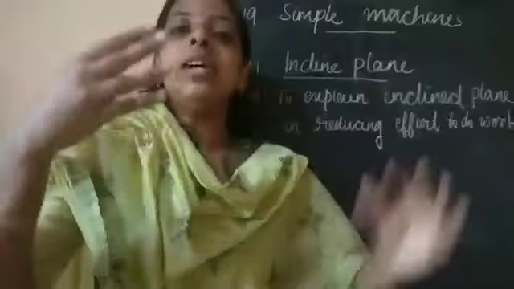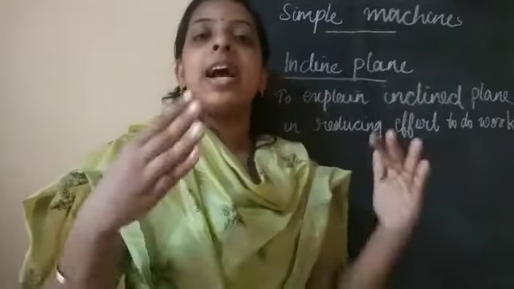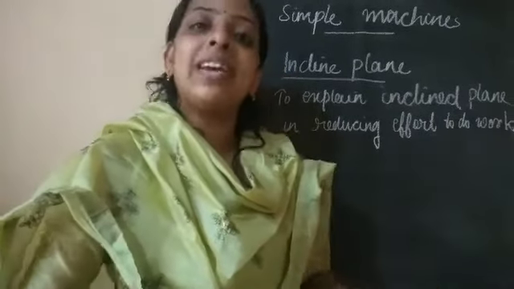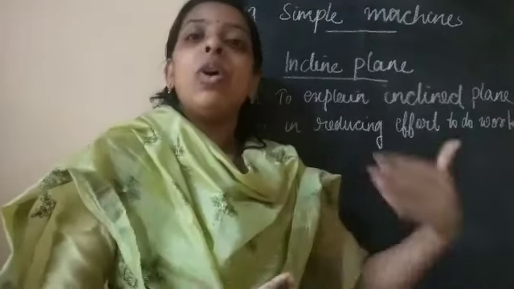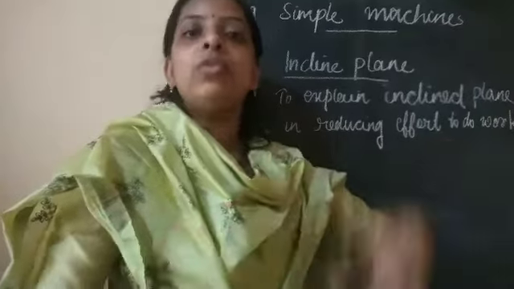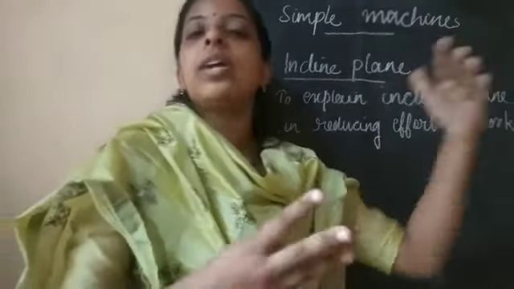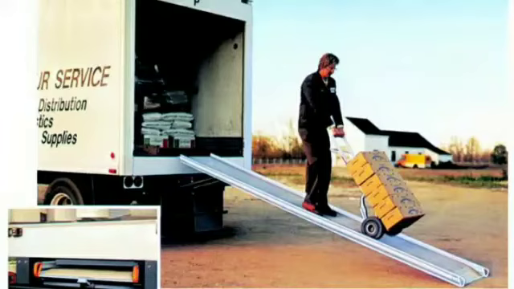It helps us to lift a heavy load more easily, or to carry a heavy object down from a certain height. We can see this inclined plane in the form of slides, ramps and slanted roads.